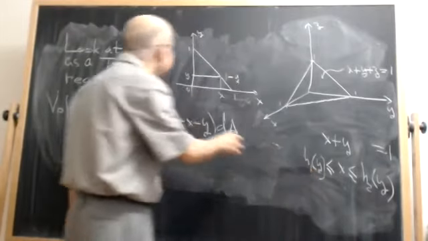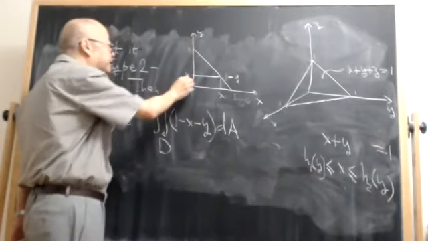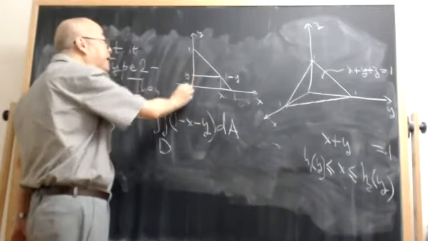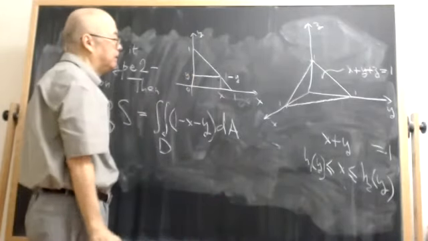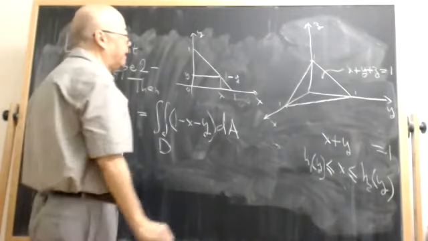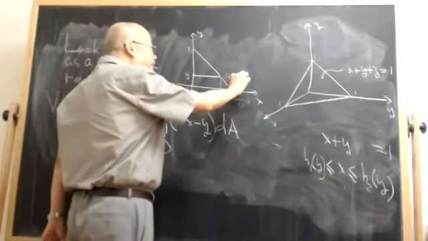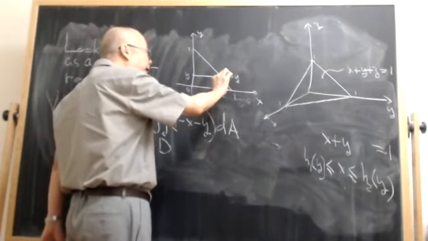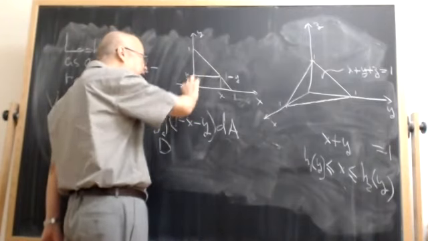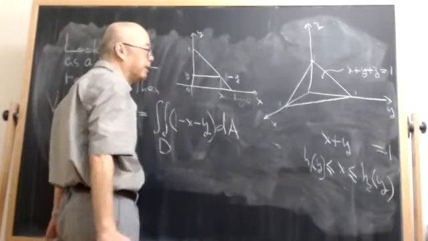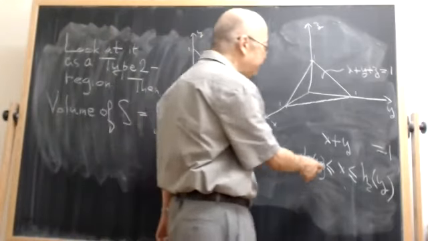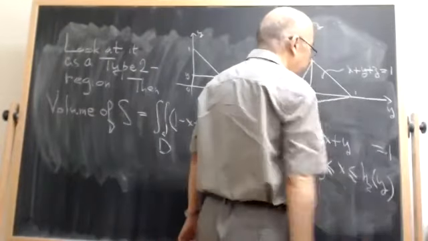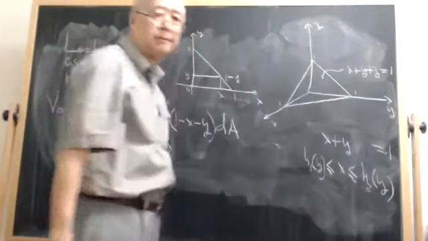This h1 of y is this curve, which is always equal to 0. And then I have x equal to h2 of y, which is to the right of this line. And then from here, you see that x can go up to only 1 minus y.